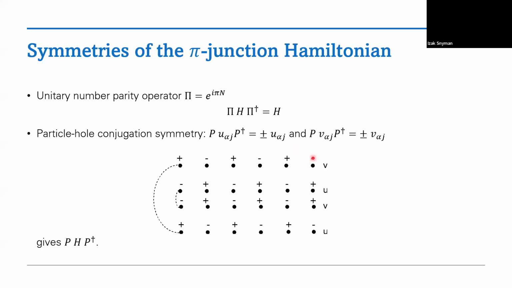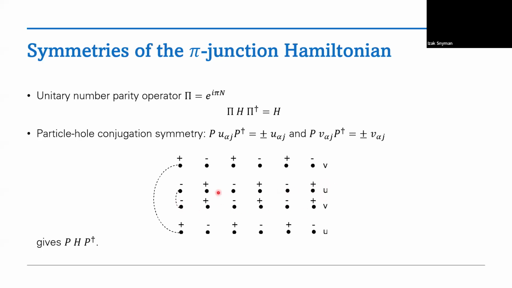And you can find it to have the pattern that's depicted in this figure. So it's alternating for the operators along the one chain and along the other.